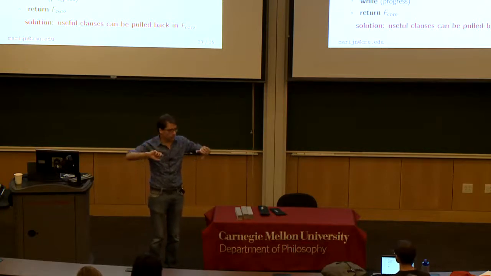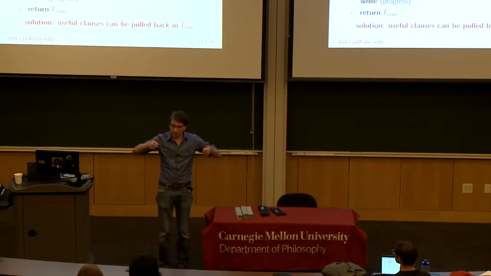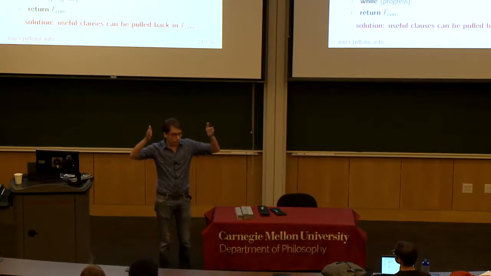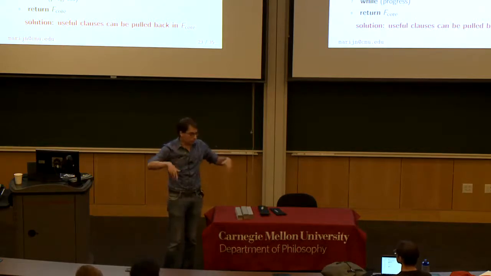But then the interesting thing is we're going to optimize the proof again with the original formula. If we have a proof for a subset of the formula, then it's also a valid proof for the original formula. Right? Because everything is in there.